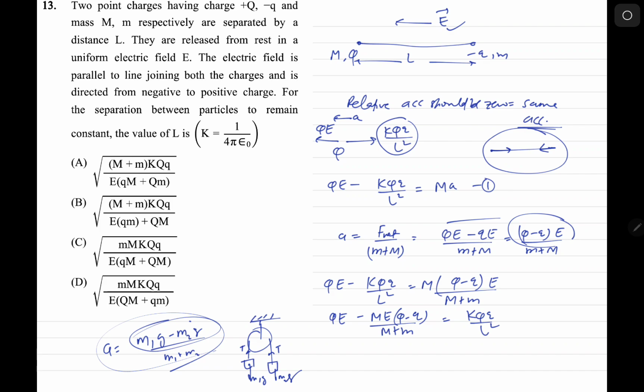I hope you can do it and find the L value. Option A will be the answer. Calculation is only there. Just take the LCM and cross multiply, and I'm sure you will get the answer here. Let's move to the next question then.